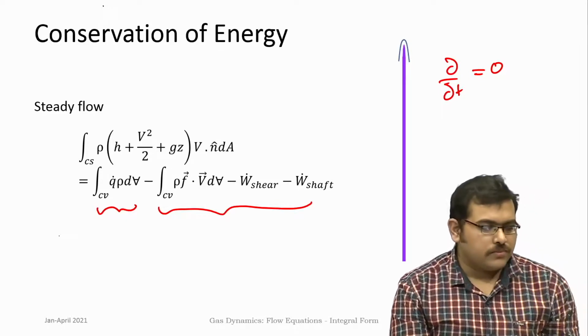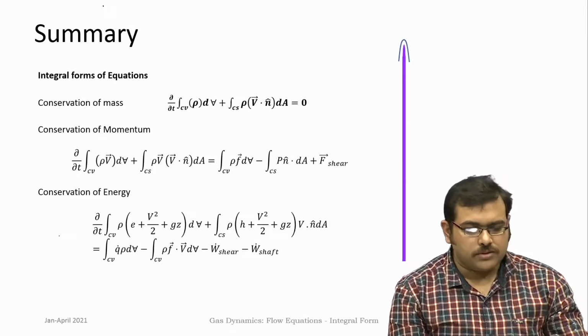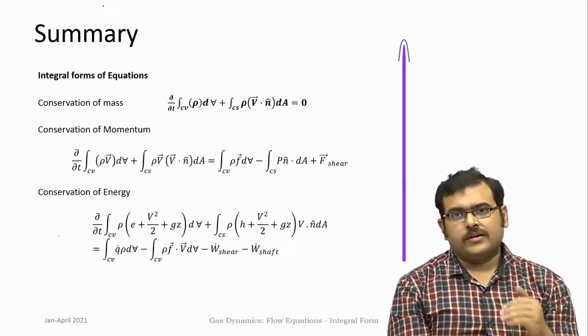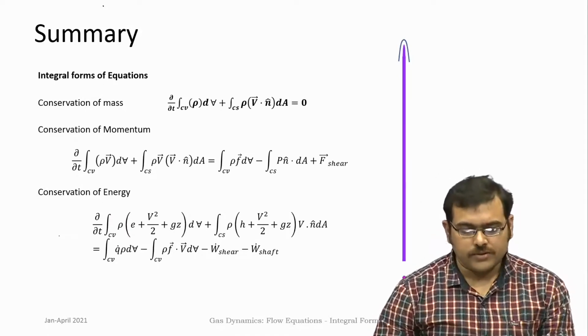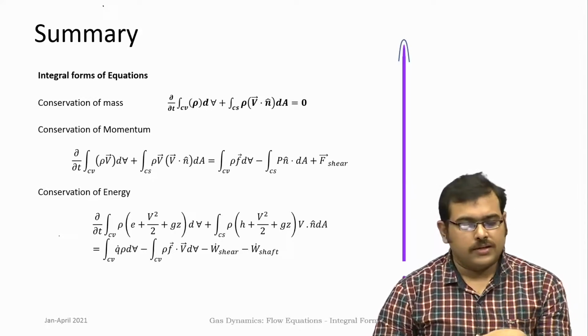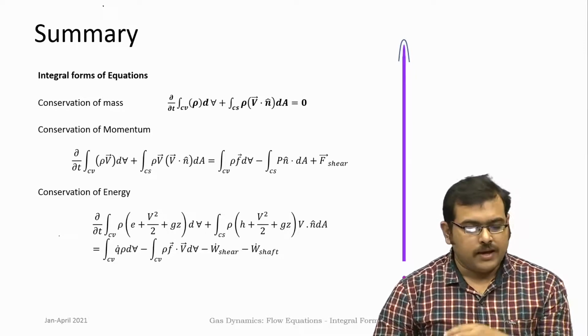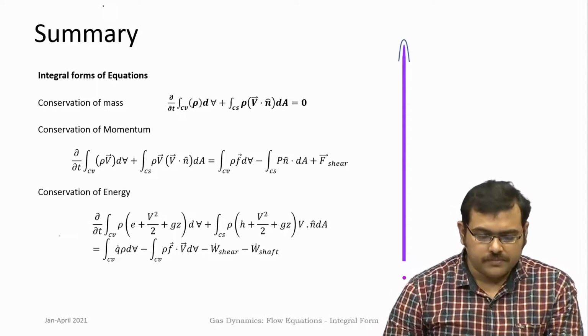So now we have the three conservation principles, all of them put together. In any analysis of fluid flows, we should include all three equations: conservation of mass, conservation of momentum, and conservation of energy.